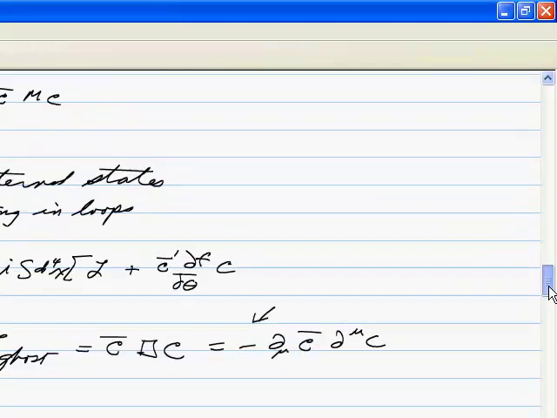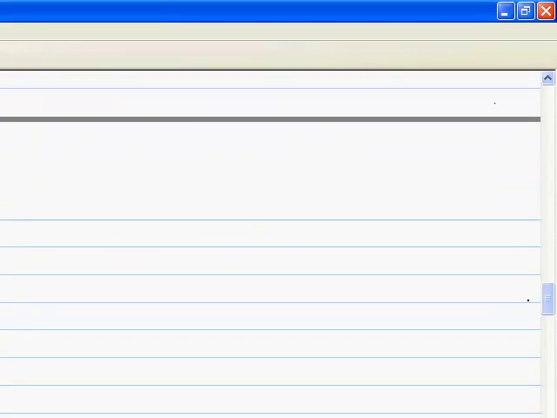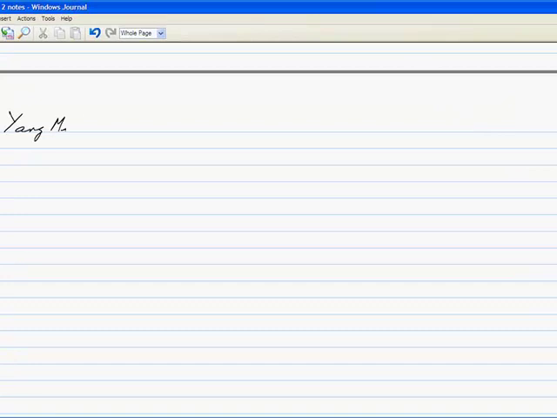So this lets us then immediately do the non-abelian case, the Yang-Mills case.